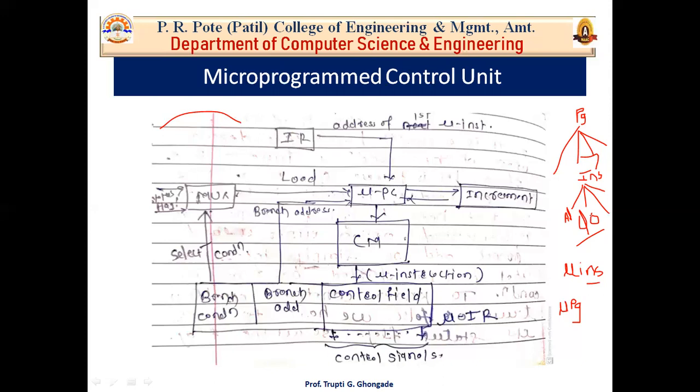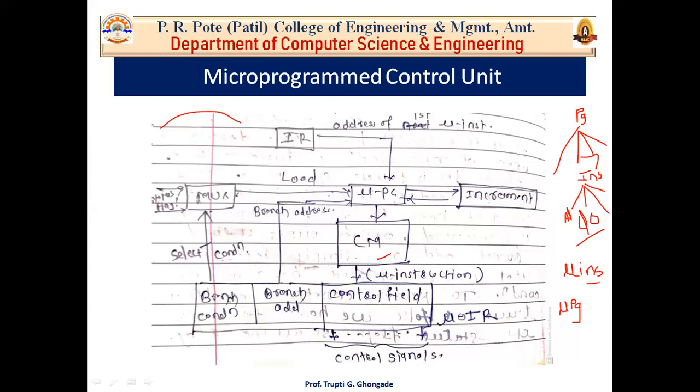So now we use another memory called control memory, that is CM. This is the micro program. Now CM is the control memory. In that there is a micro program for addition, subtraction, multiplication, and so on. So for every instruction, there is a micro program.